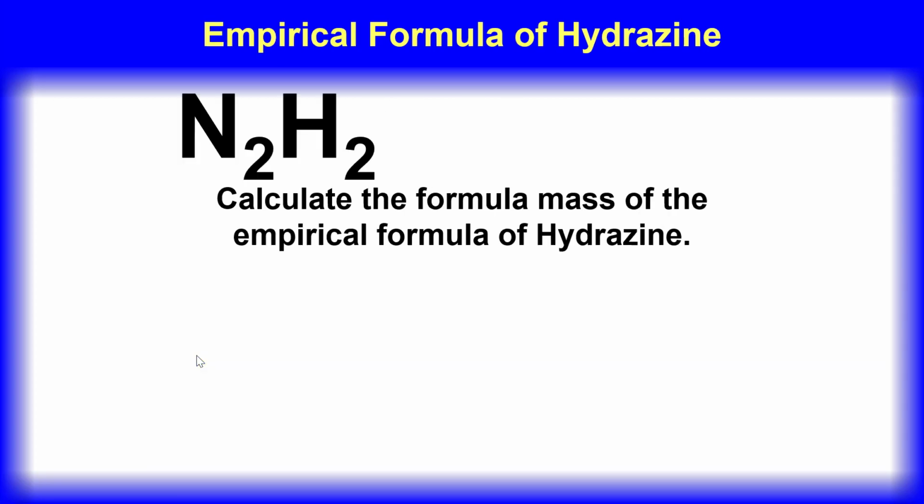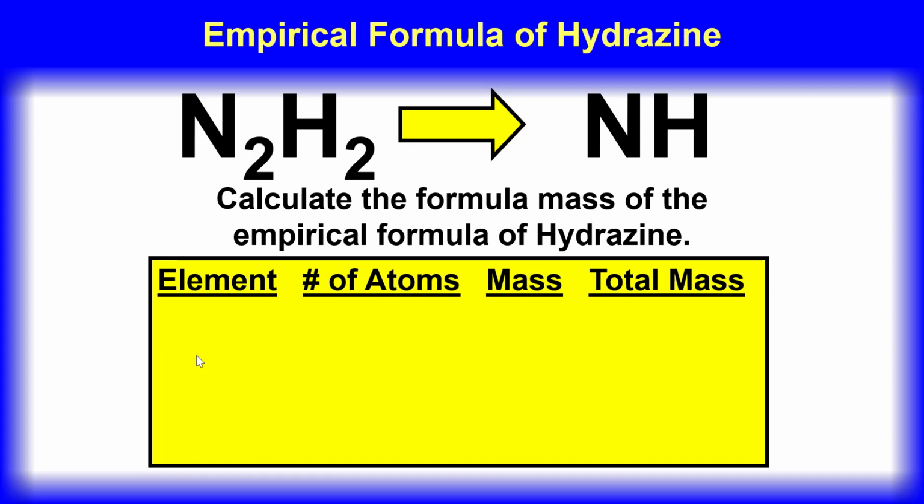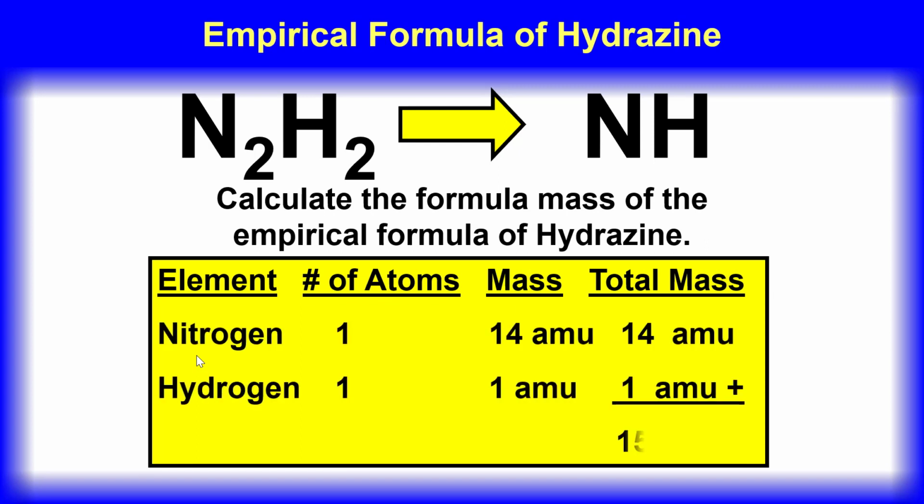Now, what if we were to find out the empirical formula of hydrazine? It would be this, and what would be the mass of that? Well, we would have just one of each atom, and we would see that its mass was 15 AMU, or 15 grams per mole.